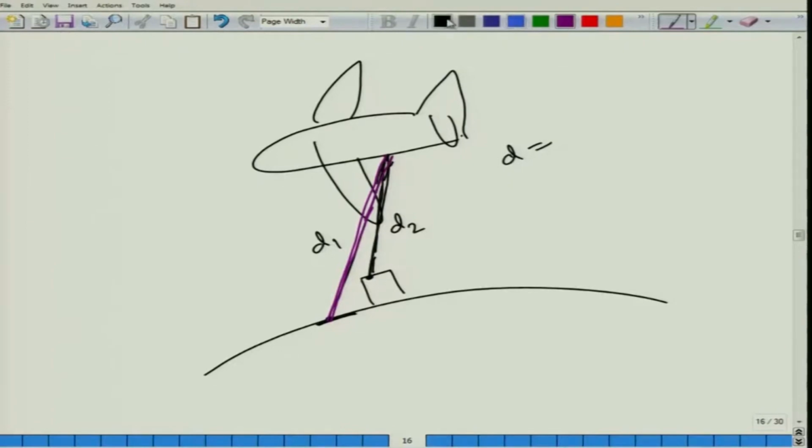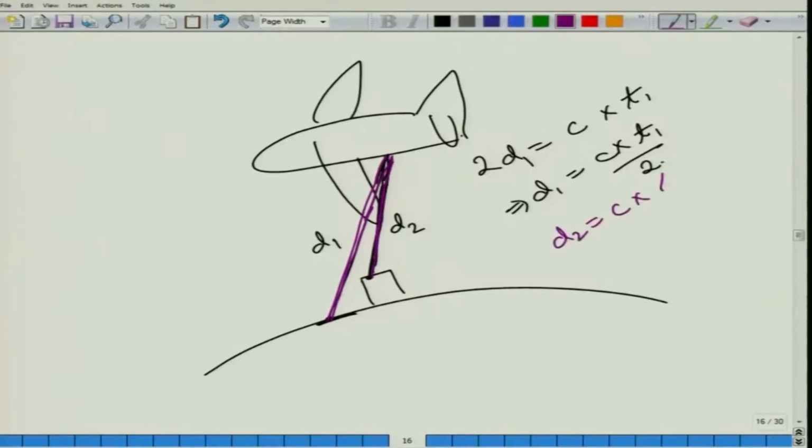So, we have twice of d1 is equal to c multiplied by the time of flight, which would give us that d1 is equal to c times t1 upon 2. Similarly, for the position of the building, we can calculate d2 is equal to c times t2 upon 2.